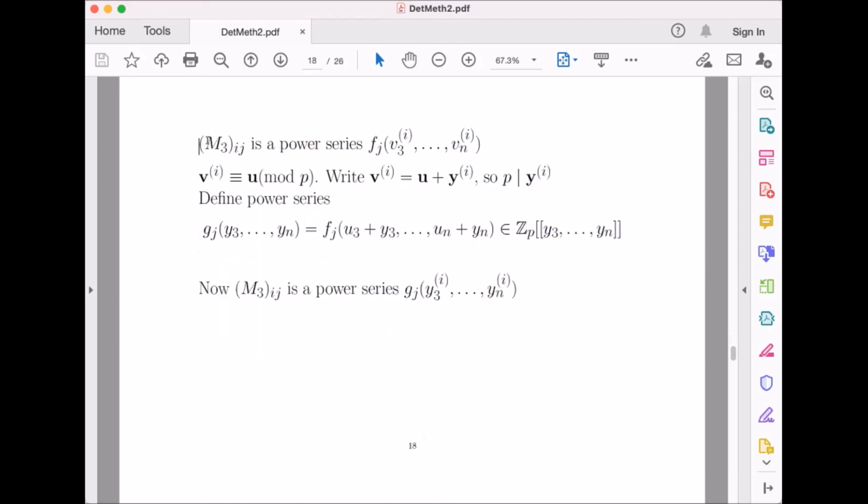And that means we can think of the entries in this matrix M3 as power series in v3 to vn. So we've got rid of two of the variables by this process, and the fact that v2 is this power series is encoding the fact that our point lies on f equals 0.